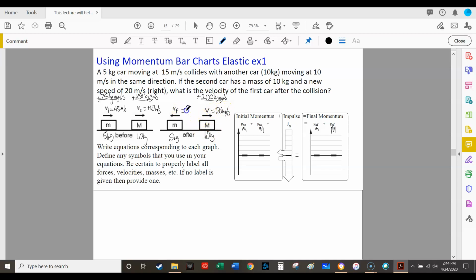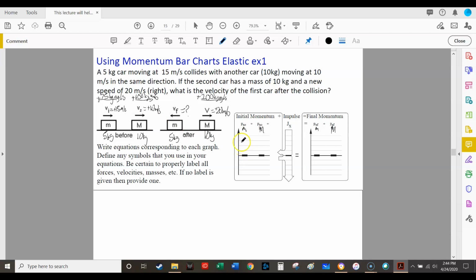And we need to know what is the final velocity of the 5 kilogram car after the collision. I put the momentums up here to help me gauge how many blocks I should be giving this stuff, so I'm going to also try to graphically analyze this.